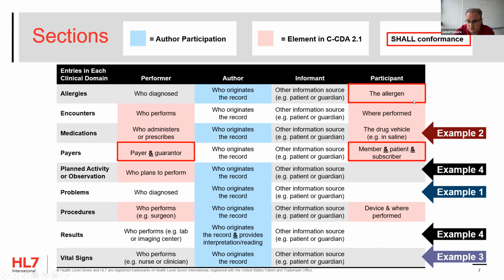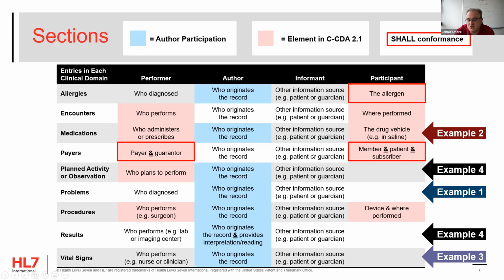So actually, Giorgio talked a little bit about this in the last session, that the allergen is a participant within the allergy or an allergy intolerance observation. And then payers use performers and participants explicitly through being able to get information on the payer, the guarantor, or the member, patient, subscriber type information. But essentially everywhere else on this chart is something that is optional, by a may or should basis, for inclusion.